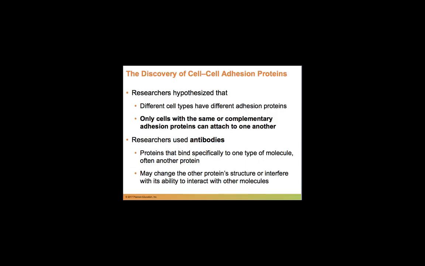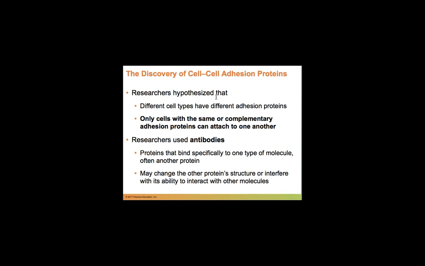All right. Discovery of cell-to-cell adhesion proteins. So researchers hypothesized that different cell types are going to have different adhesion proteins. Only cells with the same or complementary adhesion proteins can attach to one another and eventually form a tissue, right? I'm not going to have heart tissue in my lung tissue.